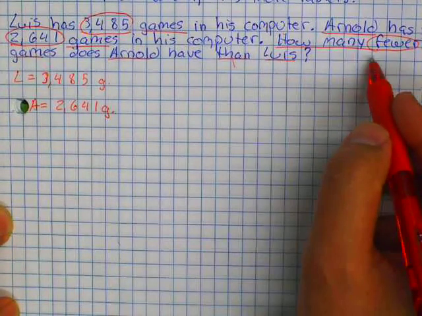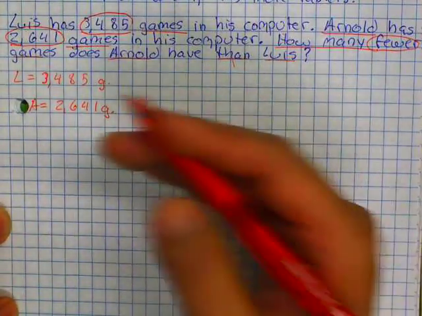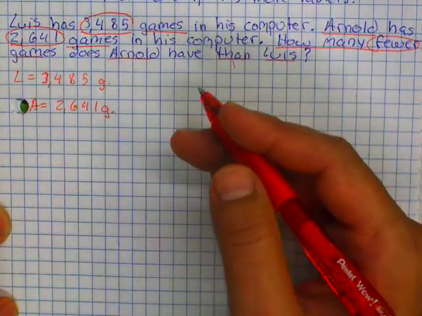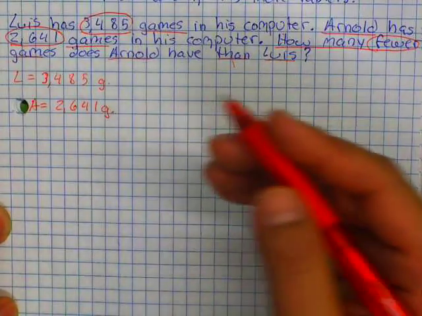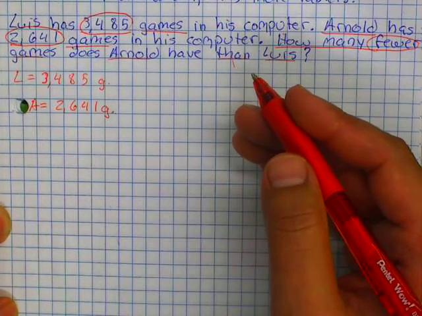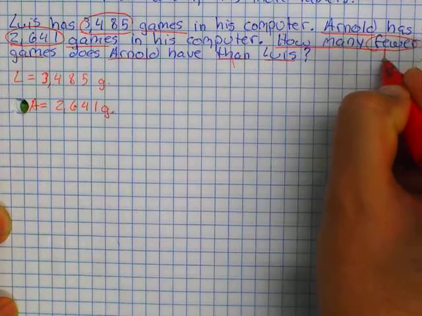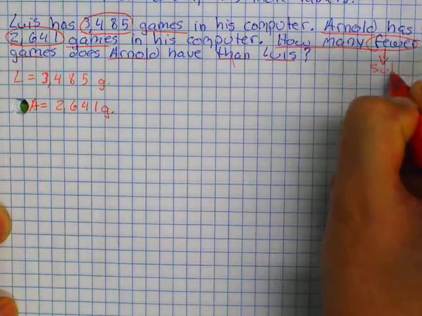All those words are asking me to find what's different between two things or two people. And when I say how things are different, they're asking me in math for a subtraction.